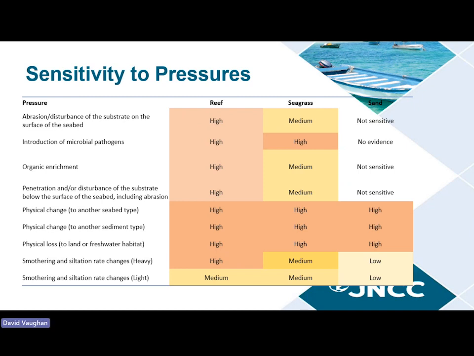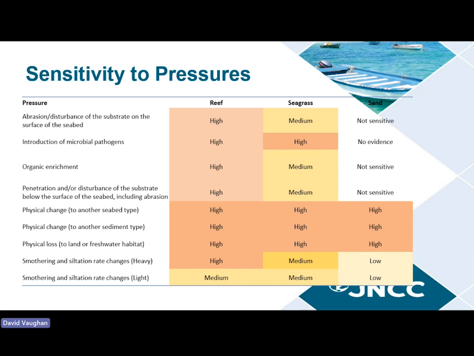As you see with sand, mostly at the initial end, there's very little evidence, or the sand itself is not sensitive. Reefs are very high to everything, although smothering, if it's only light, is not suggested to be that sensitive overall. Seagrass has different responses to different kinds of pressures, bearing in mind that the pressures come from different activities.